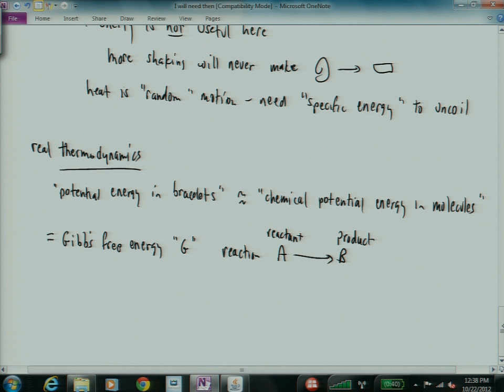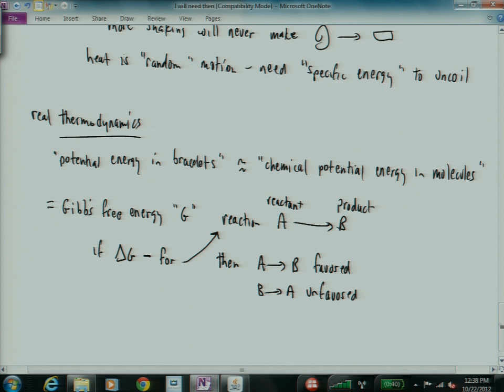If delta G is negative for that reaction, then that means A to B is favored and B to A is unfavored. So we'd say the snapping of the snap bracelet has a negative delta G.